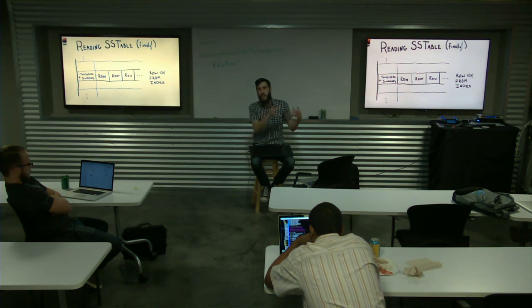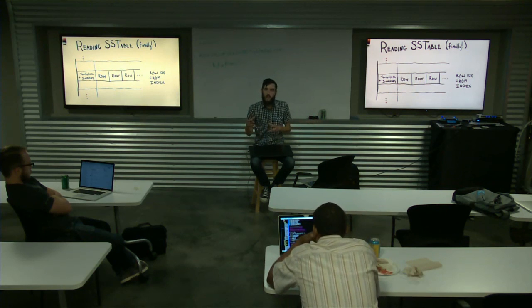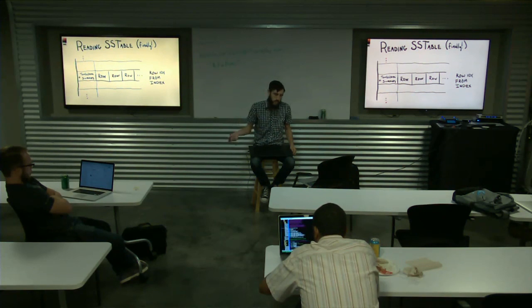So for every cell or column within a row, it would repeat the part of the row's primary key. There's a lot of repeated information about timestamps and TTLs and all this stuff. So in 3.0, this all gets moved into the beginning of the partition, and there's much less repetition, so it's a much more compact format on disk.